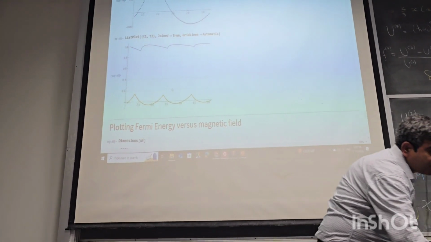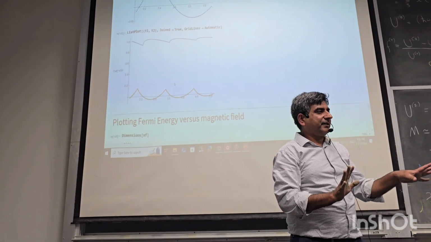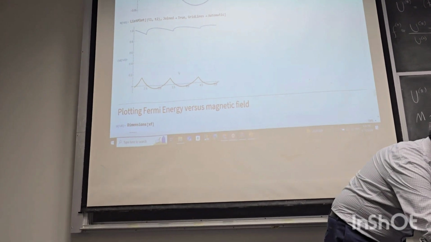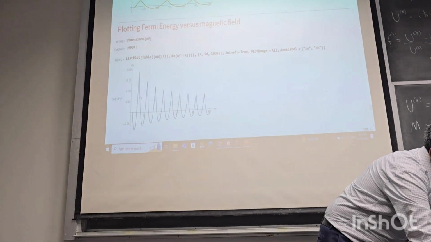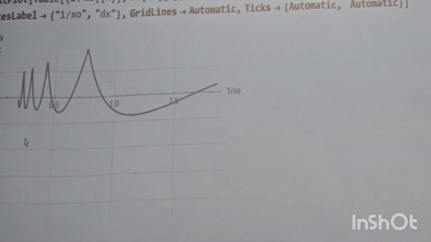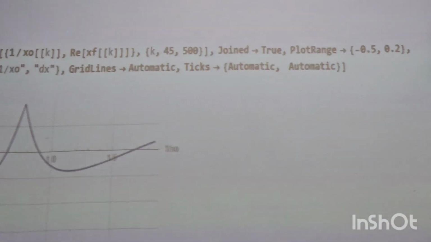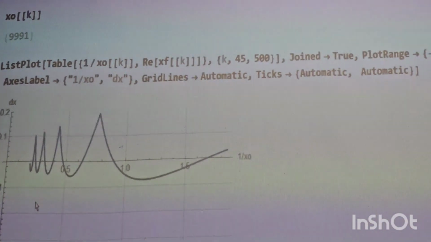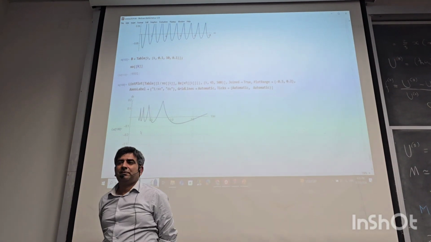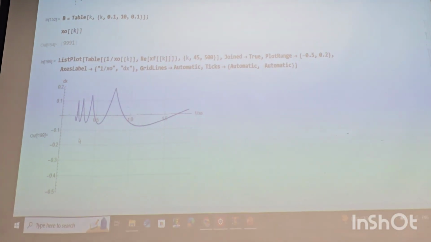So I can also plot directly with respect to the magnetic field. You just have to manipulate the variables a little bit, and that's what I've done over here. This is a plot and another plot. So what I've done over here, I've plotted with respect to 1 over x naught. 1 over x naught is proportional to the magnetic field.